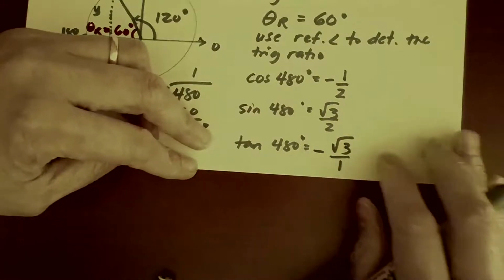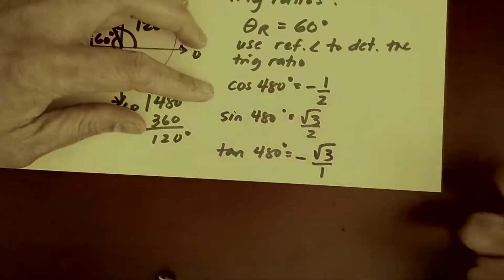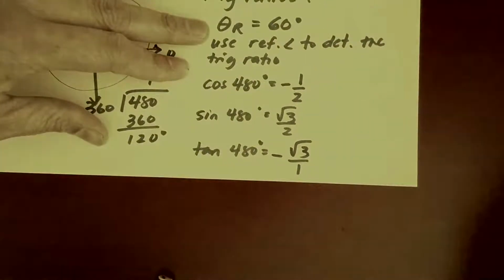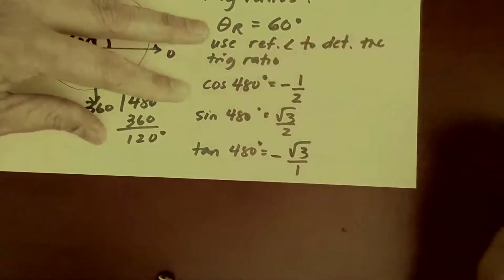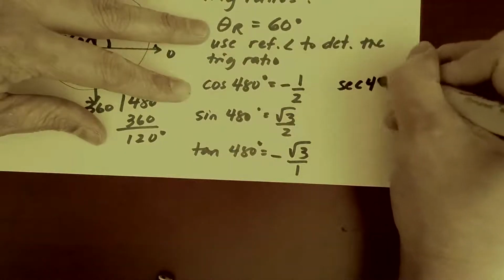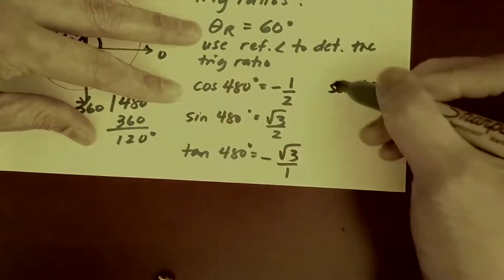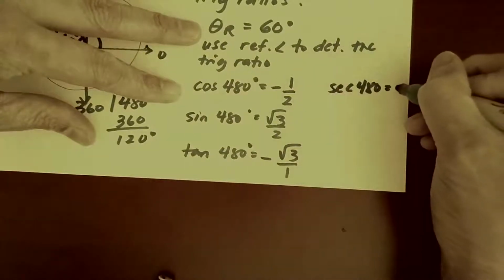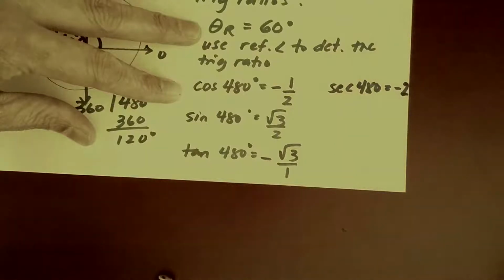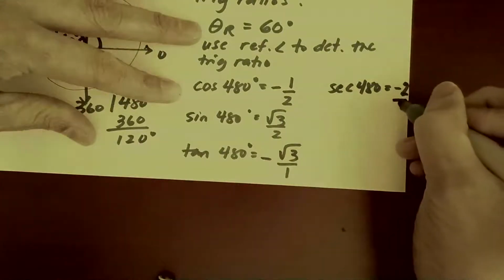And then from here on, the secant, cosecant, and cotangent are just reciprocals. Once we know what the cos is, we can go secant 480, and that's just a reciprocal. So it's going to be negative 2/1.